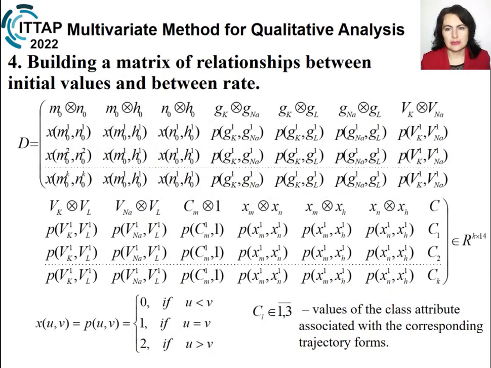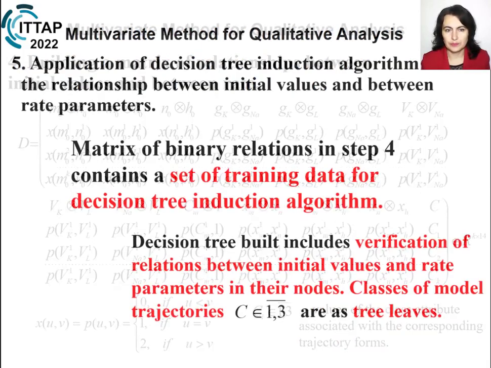Next, the method assumes that for the system trajectory shape, the correlation between initial values and rate constants is more important than their absolute values. So the matrix containing information in categorized coded form on the relationship between initial values and rate parameters generated in step 2 is constructed.